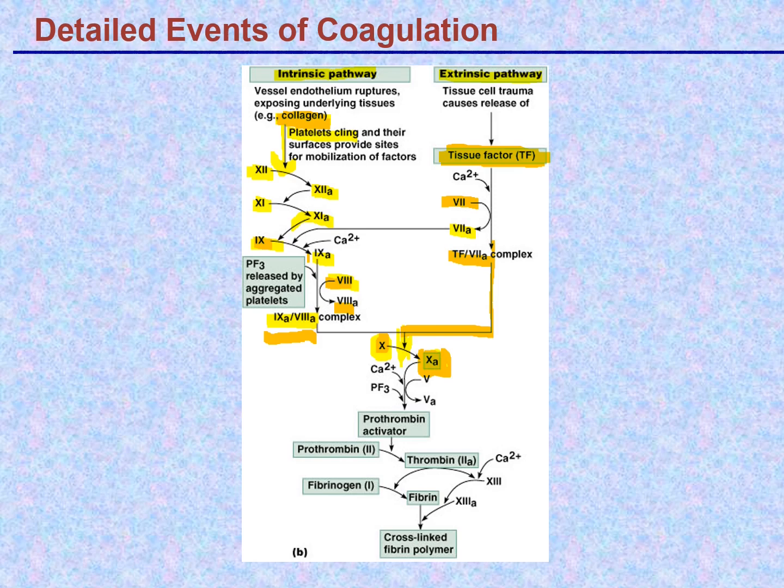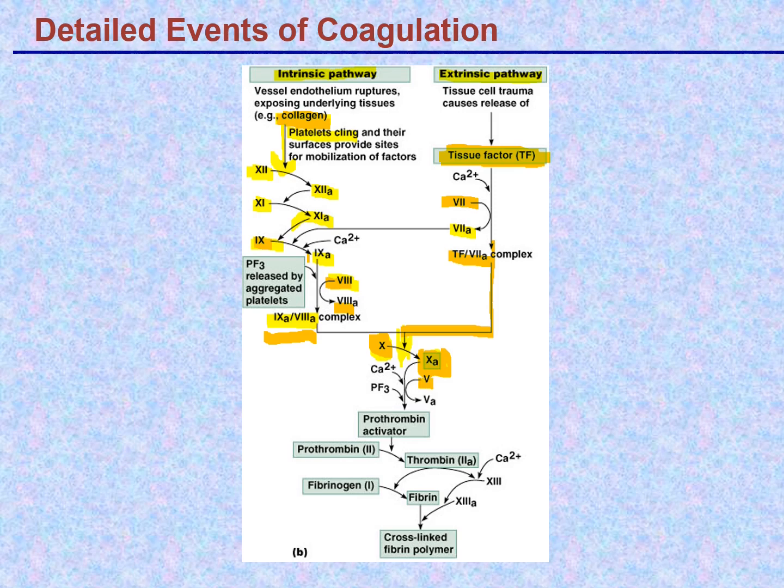So in this case, we have tissue factor activating 7, and the activated 7 and tissue factor activating factor 10. So factor 10 is a common point in the activation pathway. The two pathways, intrinsic pathway and extrinsic pathway of activation and coagulation, converge on factor 10.